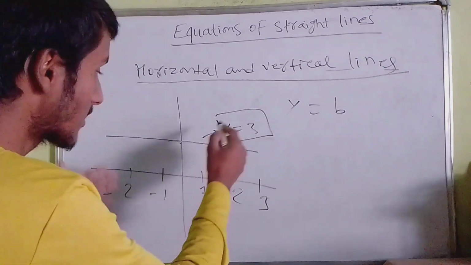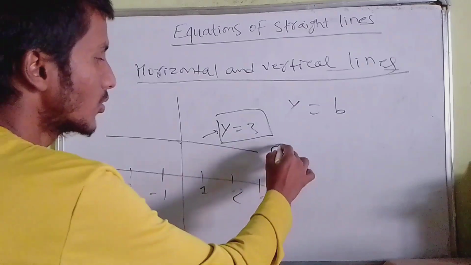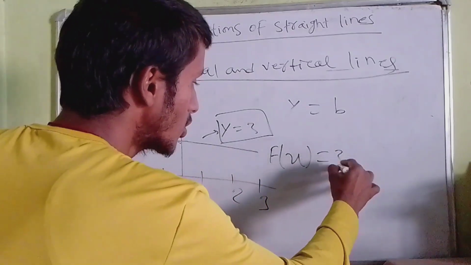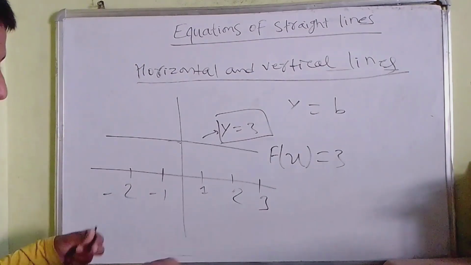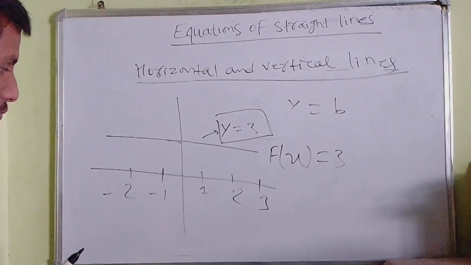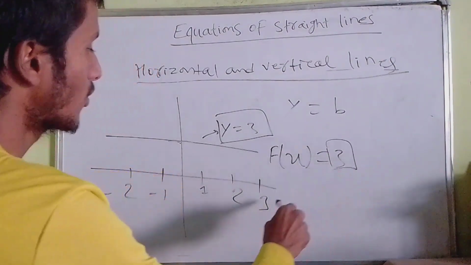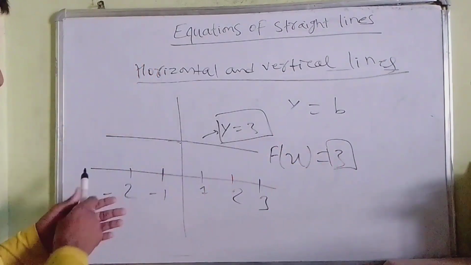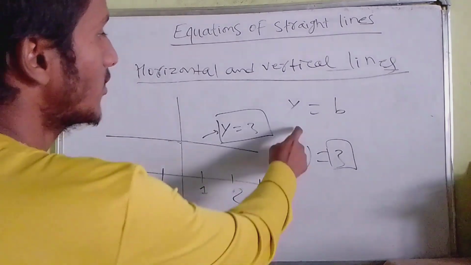You can also think of this in terms of functions. So this will be f of x is equal to 3. Whatever value you plug into this function, x denotes the parameter, the input, the output doesn't change. It's a constant 3. So the equation of a horizontal line is y is equal to a constant.